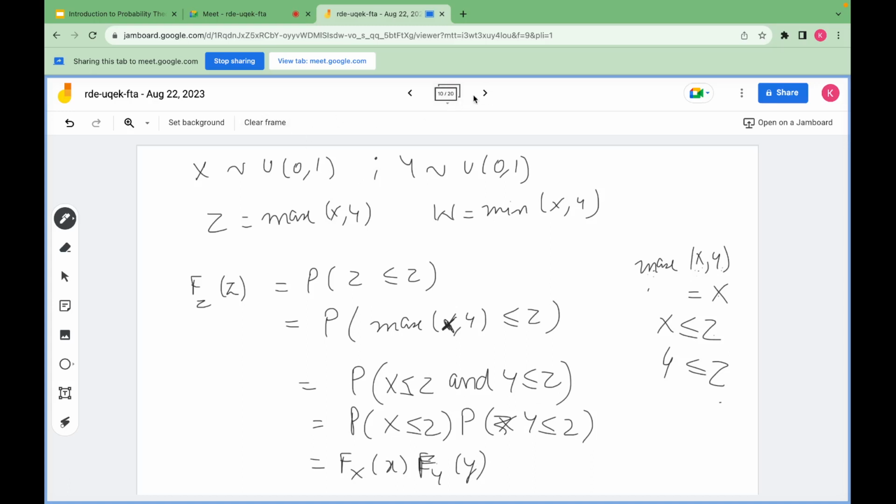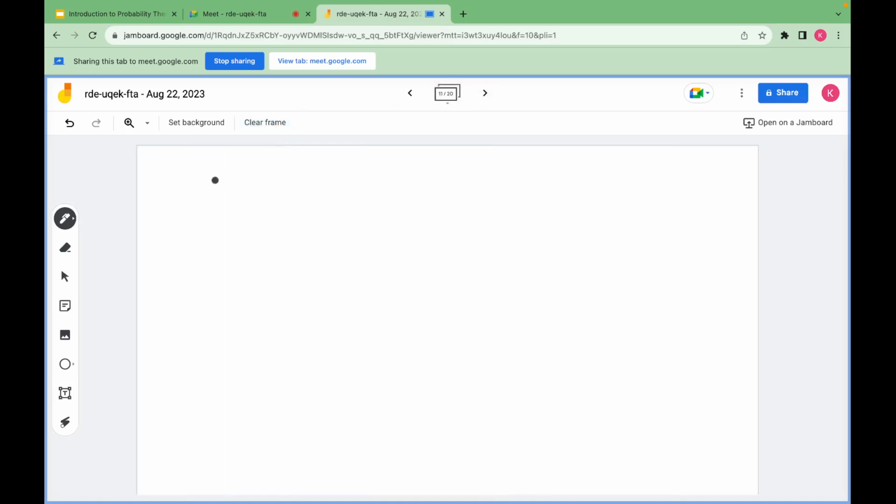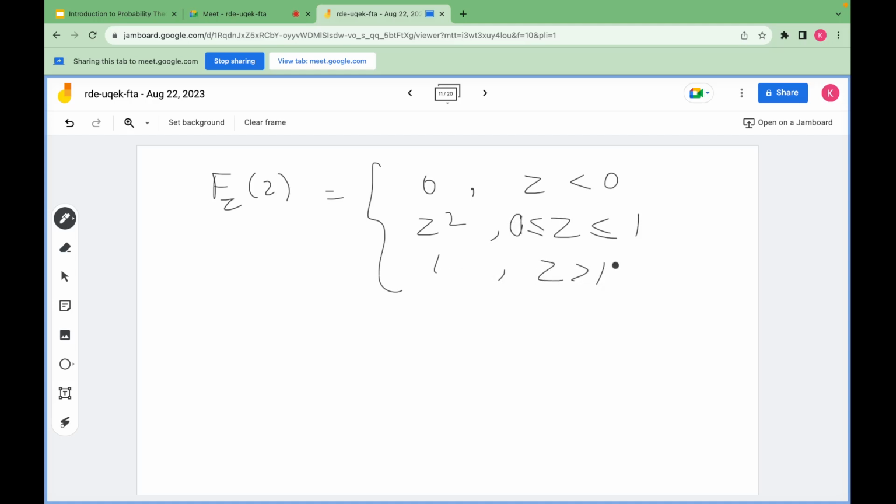So we concluded that this F of z is 0 when z is less than or equal to 0, it is equal to z square when z is varying from 0 to 1, and it is 1 for z greater than 1.